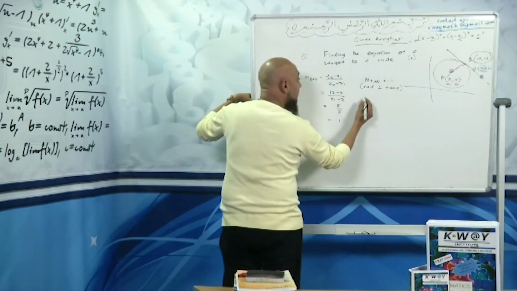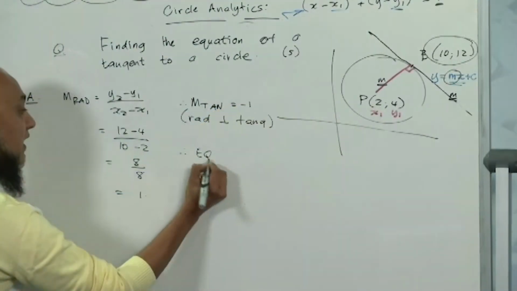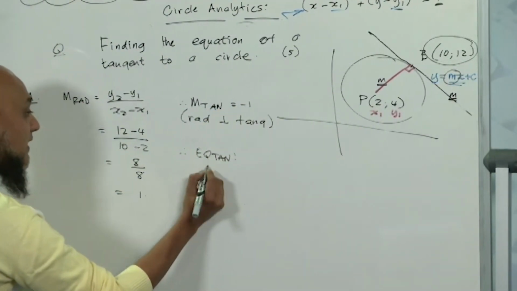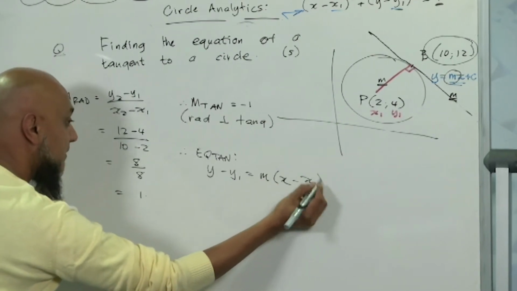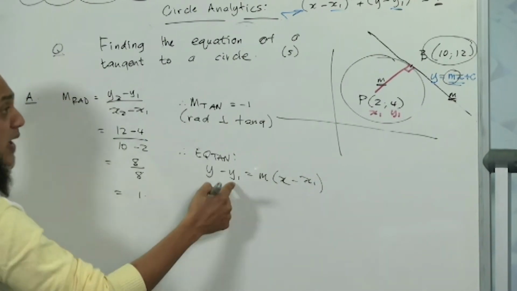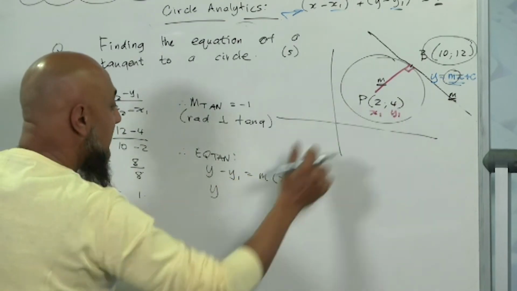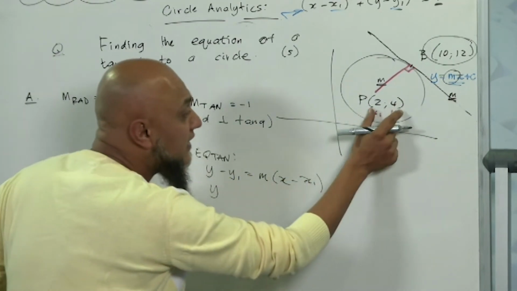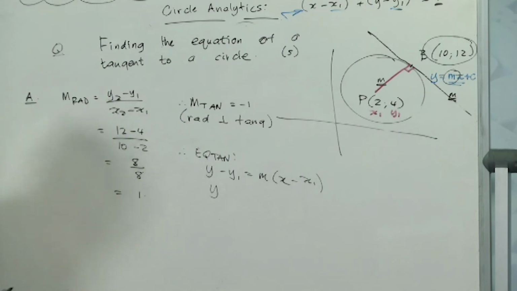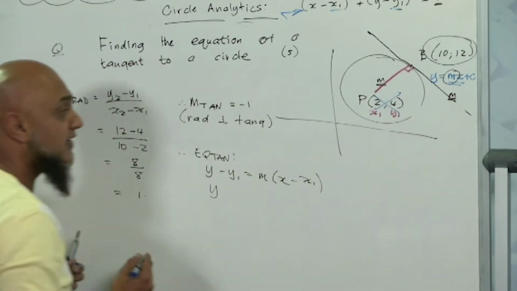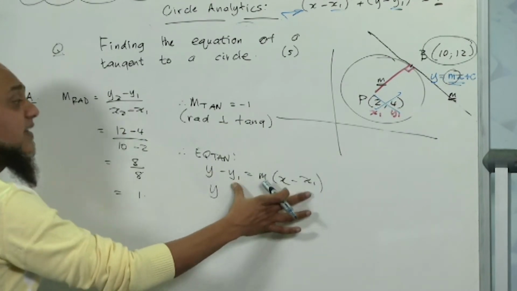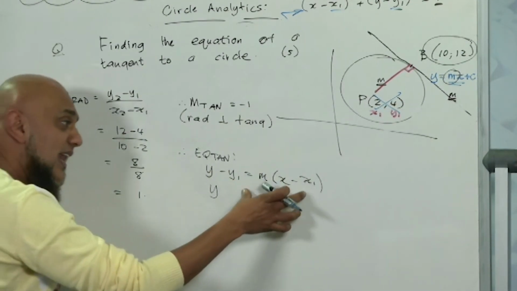So now we go into the equation. The equation of your tangent is given by y minus y1 equals m times (x minus x1). Now you cannot use x1, y1 as the center of your circle. x1, y1 here refers to a point on the line.